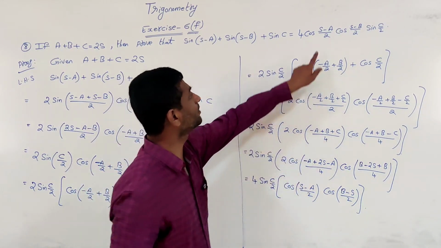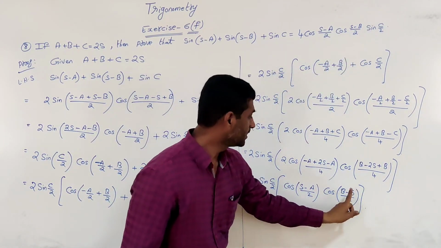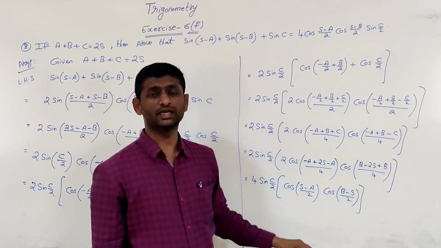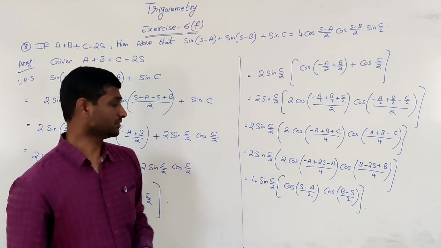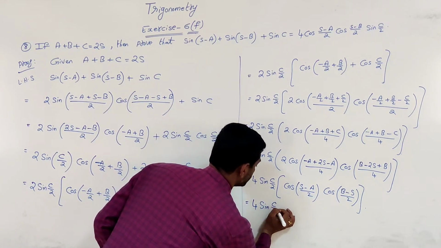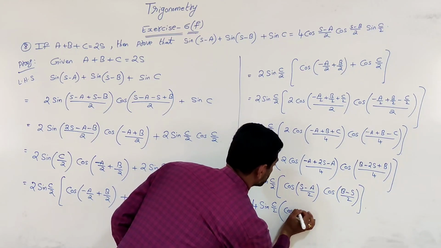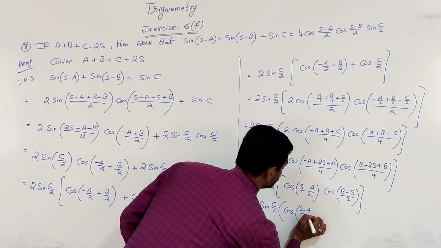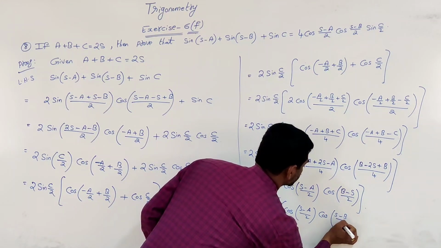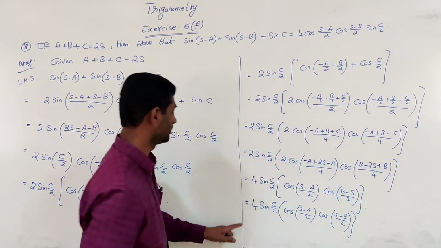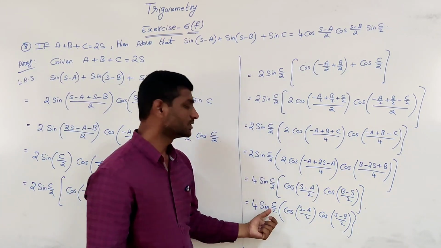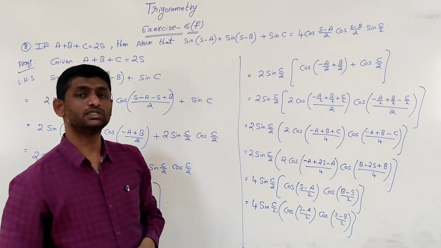So actually what we have to bring is s minus b, but if you take minus out, it will be cos of minus (s minus b)/2. Again cos of minus theta is cos theta, so it will be 4 sin c/2 times cos of (s minus a)/2 into cos of (s minus b)/2. So that is the proof: 4 cos (s minus a)/2 cos (s minus b)/2 sin of c/2.